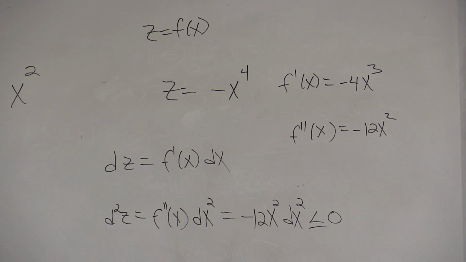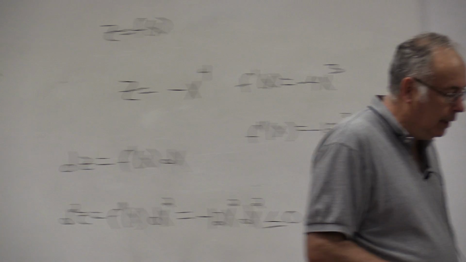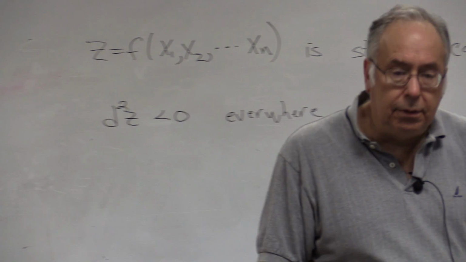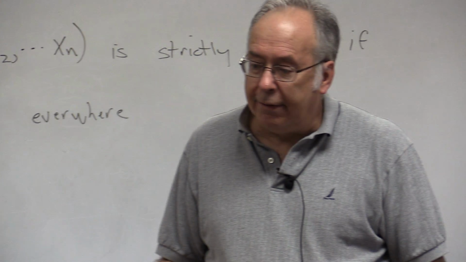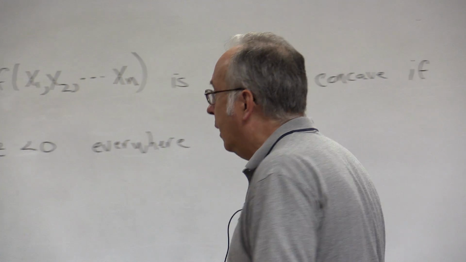For x equals 0, it'll be 0. For any other value of x, it's going to be negative. So you would say, in this case, we know this function is concave because the second order total differential is everywhere negative semi-definite. Okay.